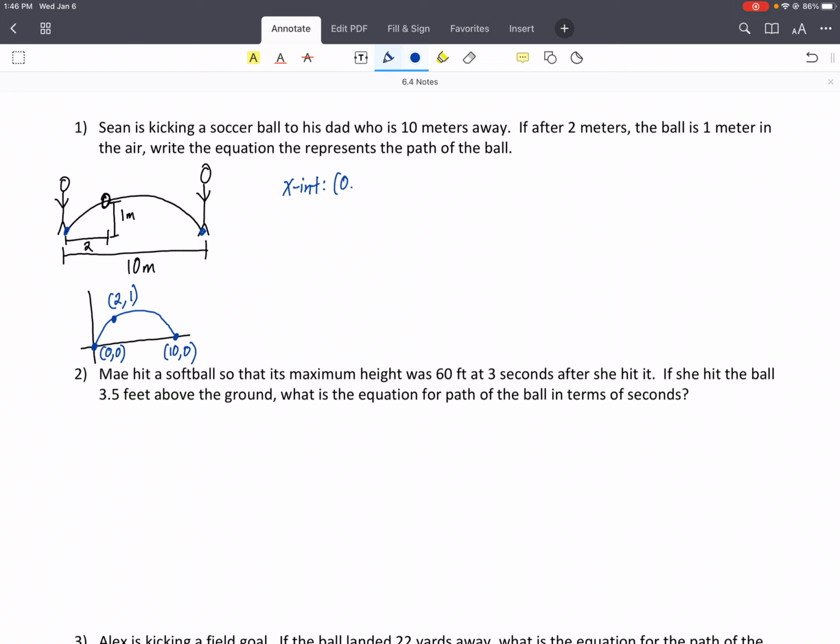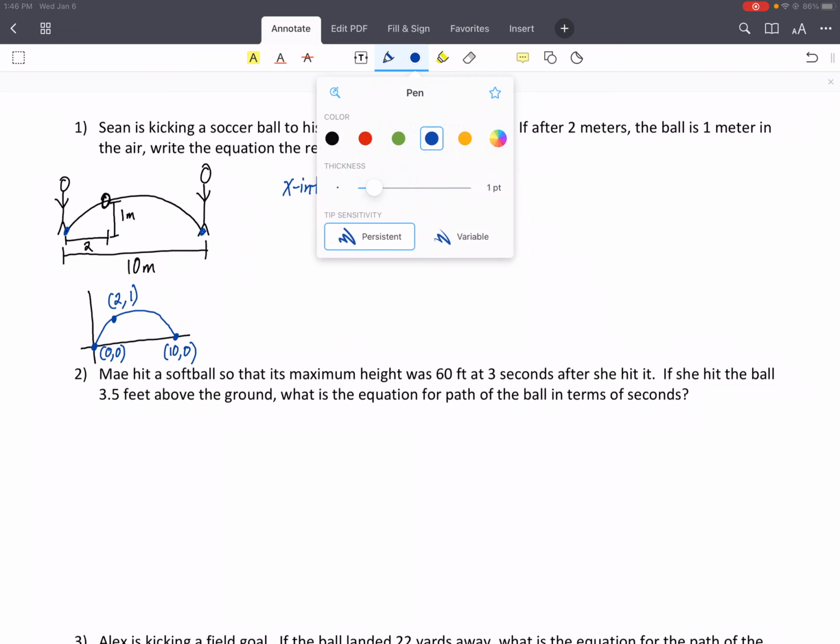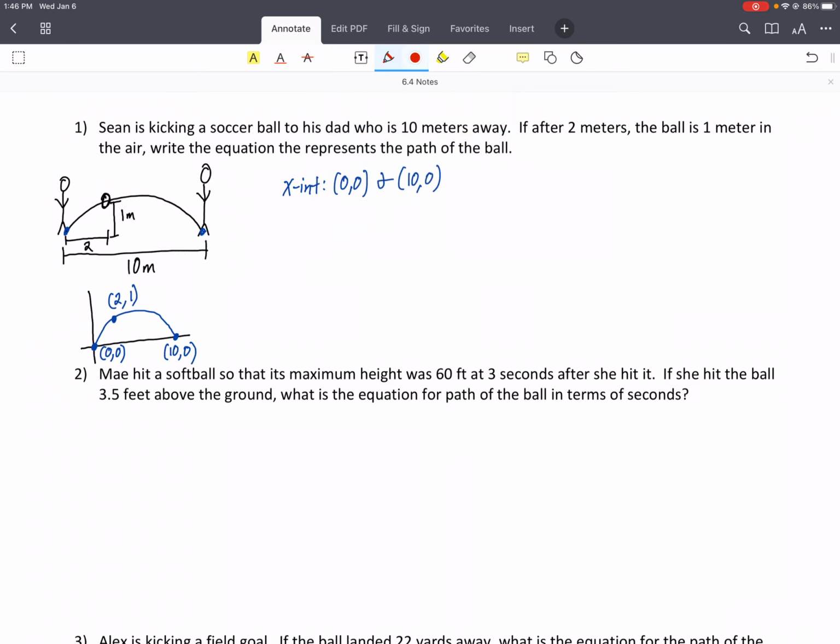Those are 0, 0 and 10, 0. Or if we want to label these even more, we could say that's our P, that's our Q. Then we have a point of 2 and then 1.